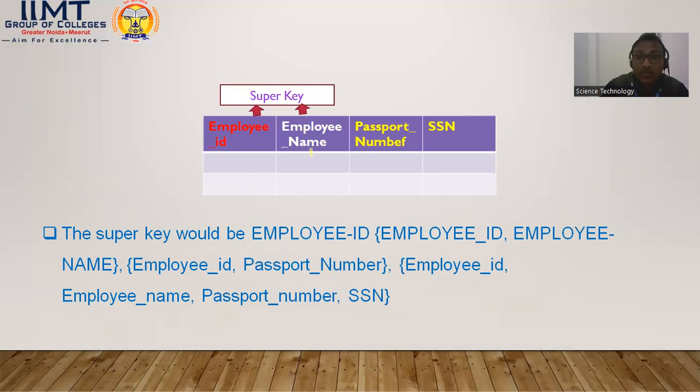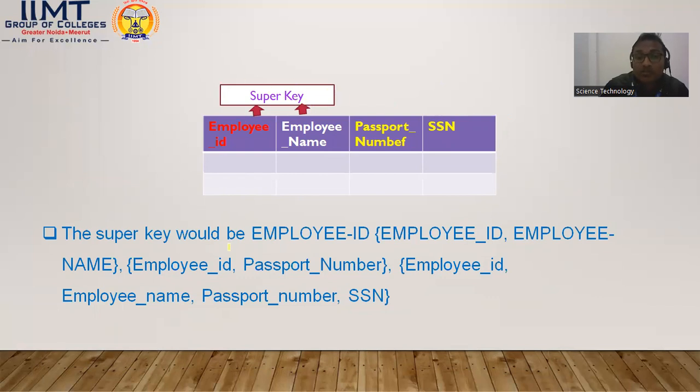We cannot make employee name a primary key because more than one person has the same name. We can make the passport number or the SSN number a primary key, but we select the employee ID. Here, employee ID and employee name together are a super key.